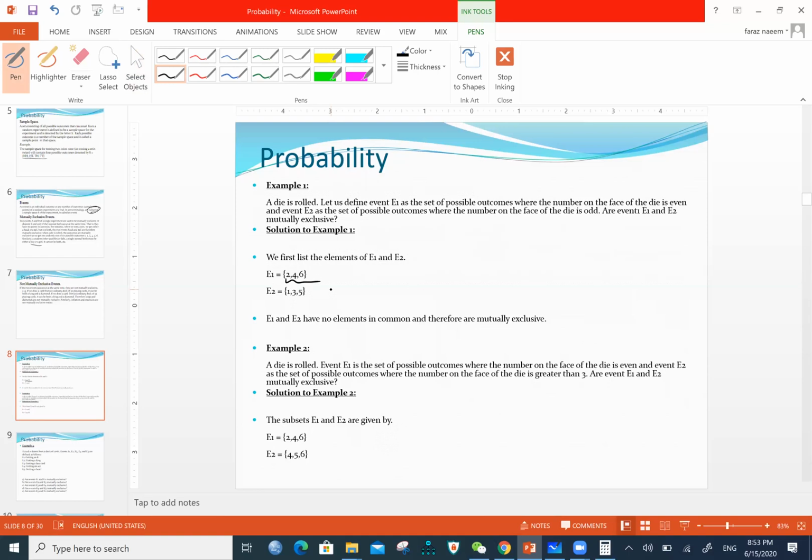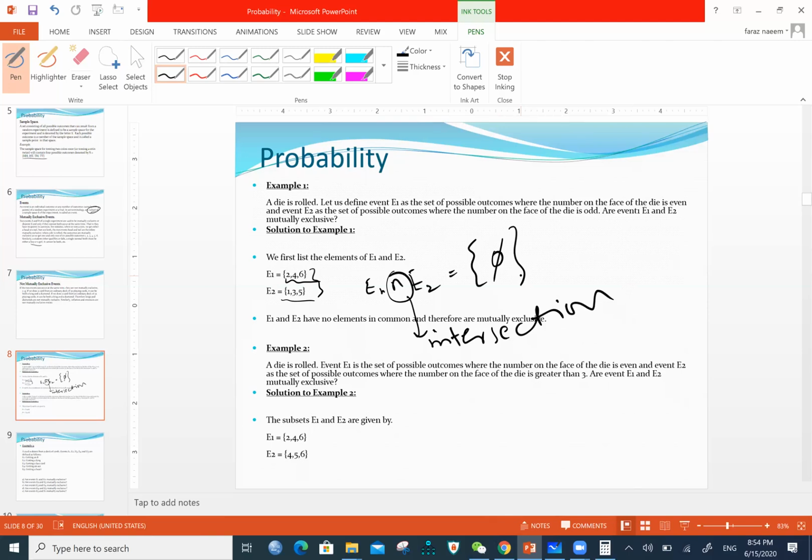Event 2 is saying that the die shows only odd numbers. So 1, 3, 5 is odd. So is there any point in common between E1 and E2? No. This is called intersection. Mathematically, we call it intersection, which means points in common. There is no point in common, so we say that it is the empty set phi. So there is no point in common, so they cannot occur together.